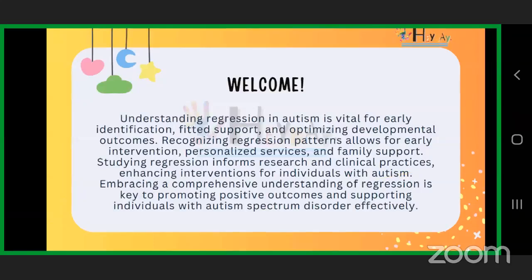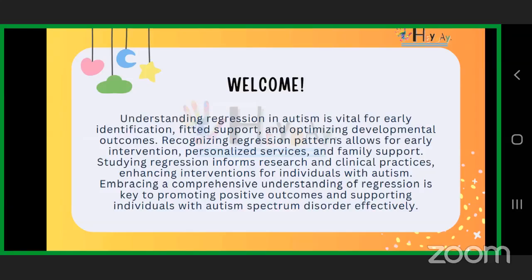Understanding regression in autism is vital for early identification, tailored support, and optimizing developmental outcomes. Recognizing patterns allows for early interventions, personalized services, and family support. That is one reason why I'm bringing this up.